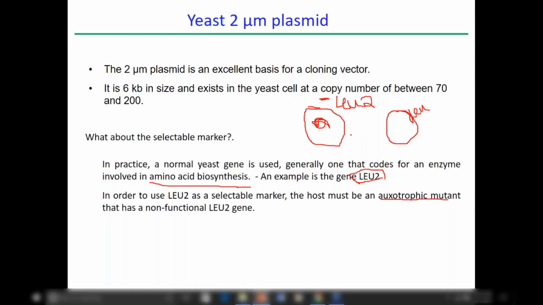What is meant by auxotrophic? This particular Saccharomyces cerevisiae will grow only if leucine is supplemented externally into the medium. Yes or no? Guys, understood or not what I am saying? Can I have a response from everyone? Is there any problem for others to understand or to imagine?